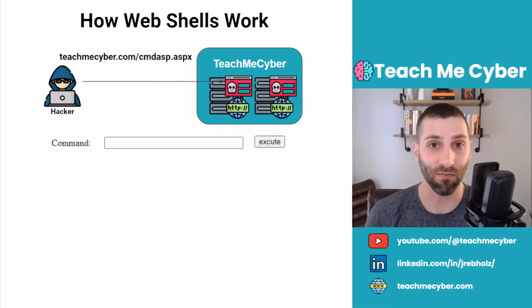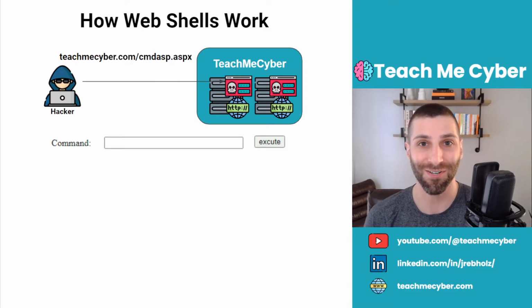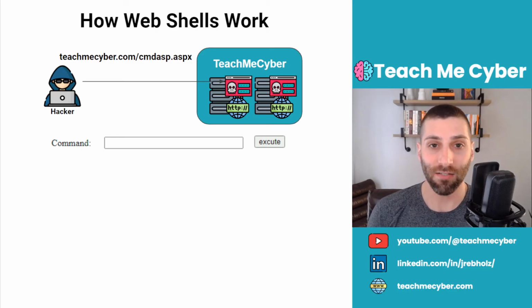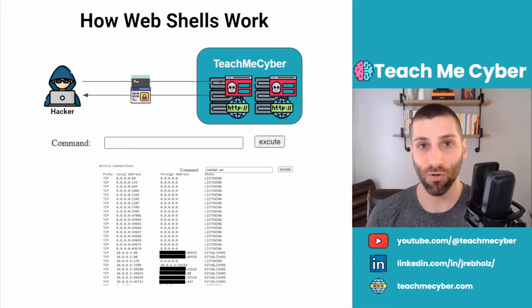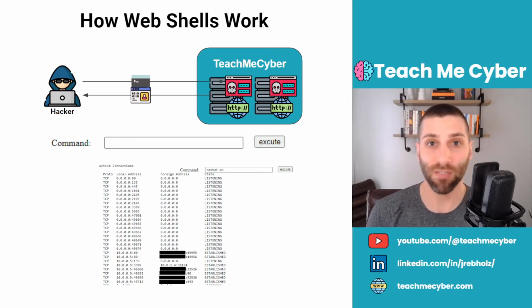It's got the ability for a command and a very poorly spelled execute button. So the attacker is going to go in and run their command. That's going to get sent over to that web shell. That web shell in turn is going to interpret the command that the attacker sent, run that on the local system, which is the web server, and then return whatever was executed back to the hacker.